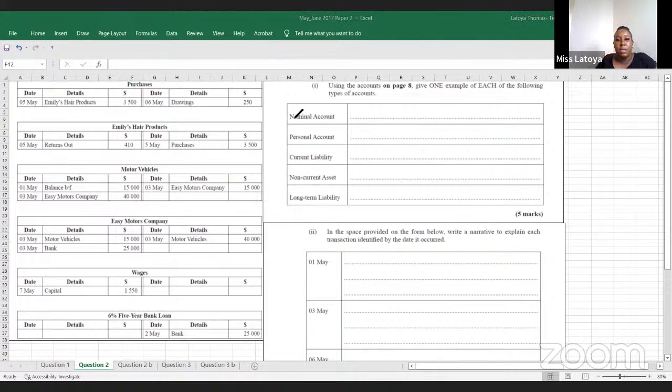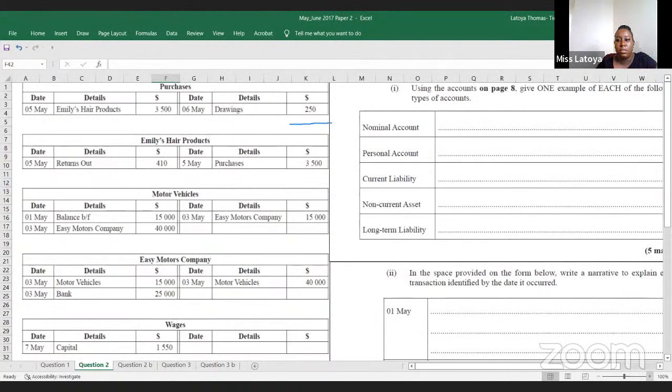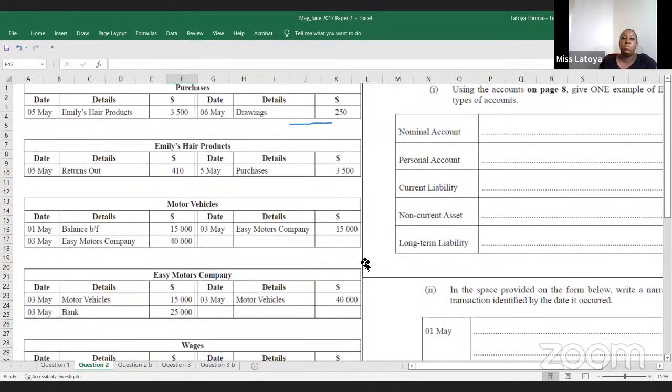Right, so the first type of account we have here is a nominal account. Latasha, could you identify which one? Are you seeing this clearly, or should I zoom in? Are we seeing that better? They want one example of each of these accounts. So an example of the nominal account would be wages.